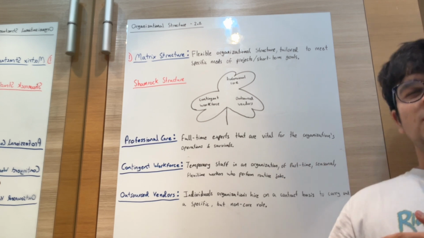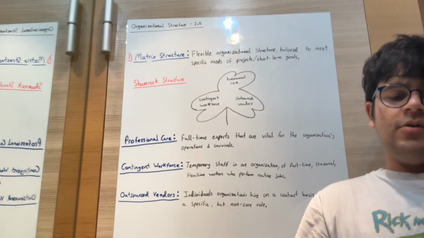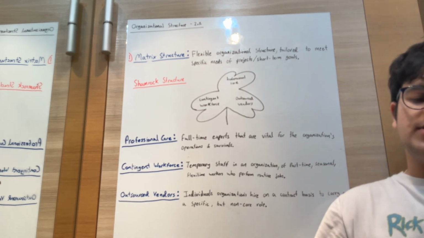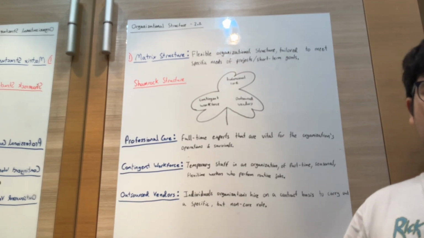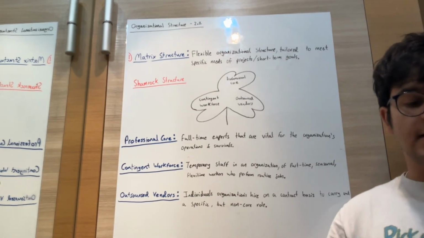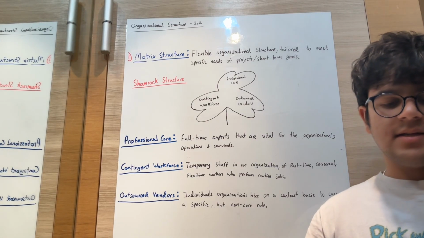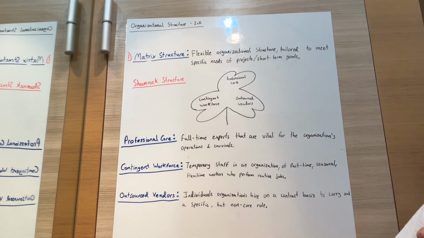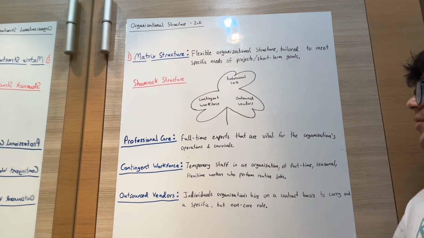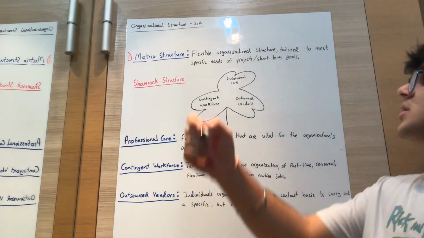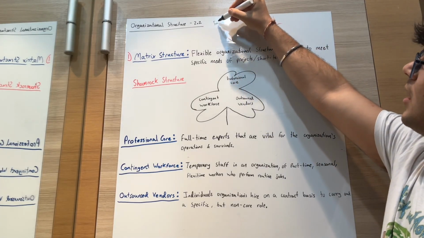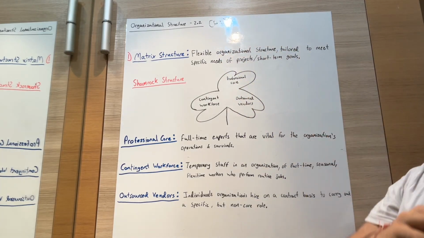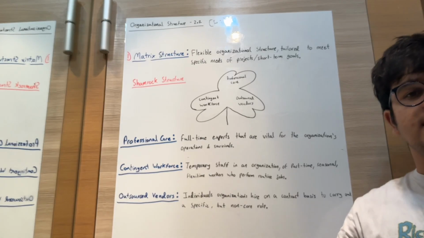Also, flexible contracts can sometimes be a legal minefield in some countries or regions of the world where labor laws are particularly strict. So there are advantages and disadvantages to this, and this is just HL content. And that's it for organizational structures.